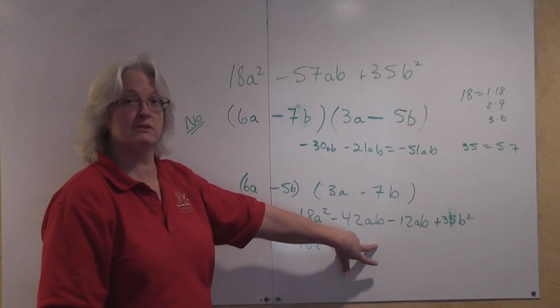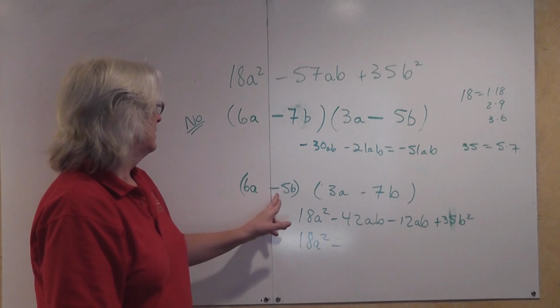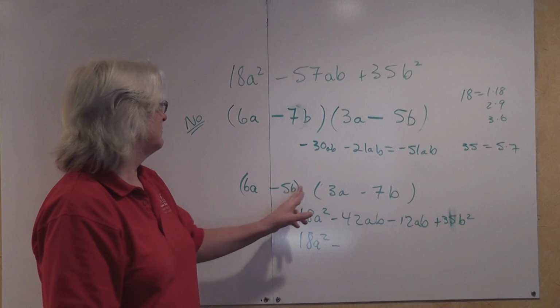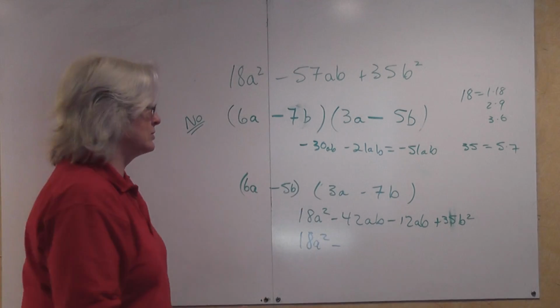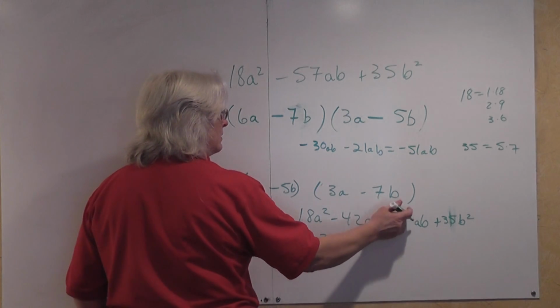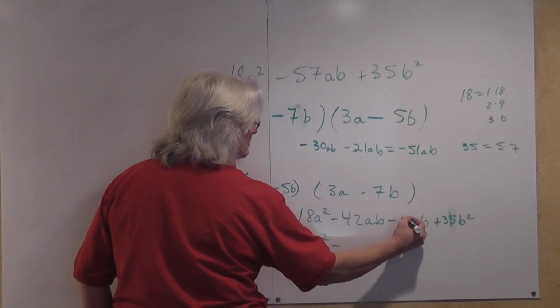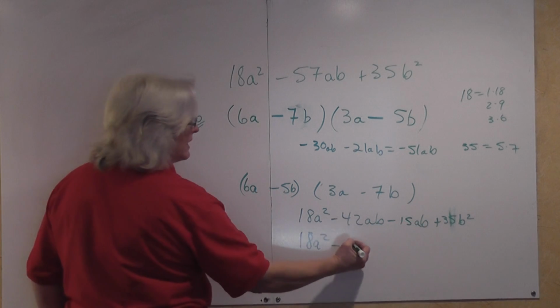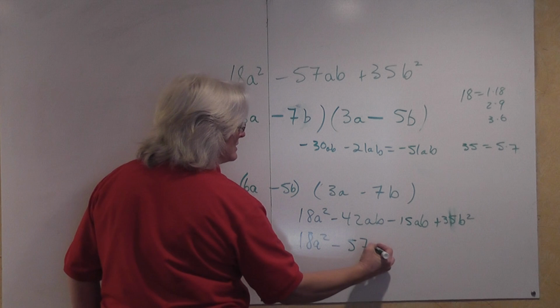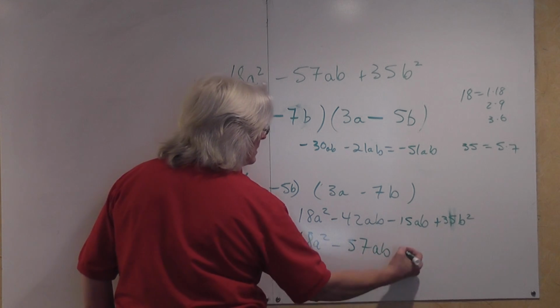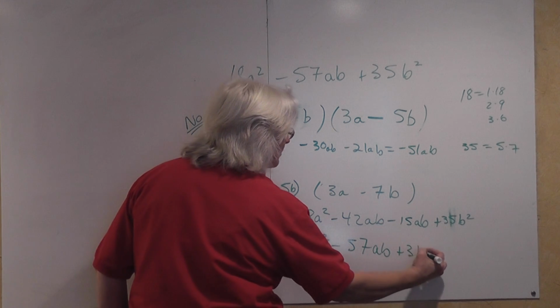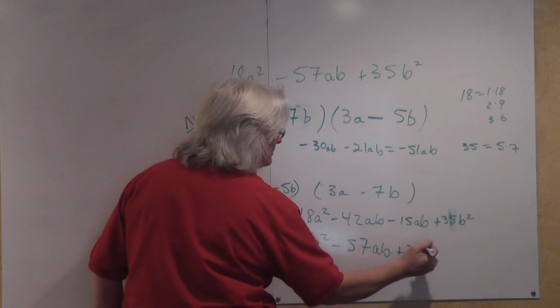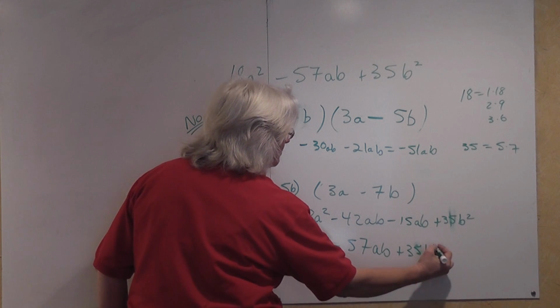Well, the 6 times 7 is a negative 42. The negative 5 times 3 is a negative 15. Who knows why I wrote a negative 12? Negative 15. Now we have a sum, negative 57ab plus 35b squared.